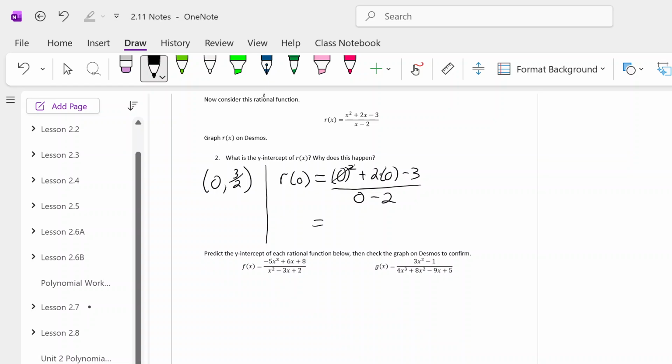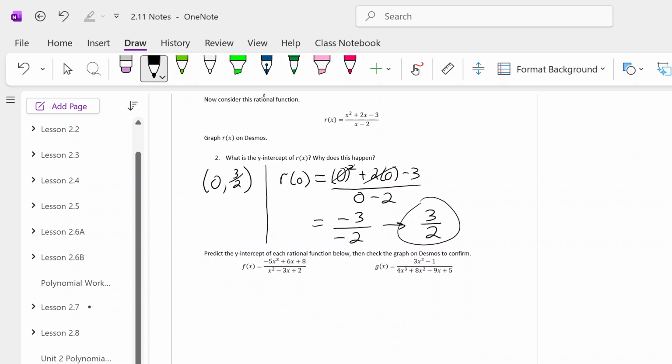So our zeros cancel, so we have -3 on the top, 0 minus 2 is -2, 3 over -2 simplifies to our 3/2. So that's the thing in math, once we've established something like finding a y-intercept, it works for any type of function. Linear, quadratic, polynomial, and then rational.